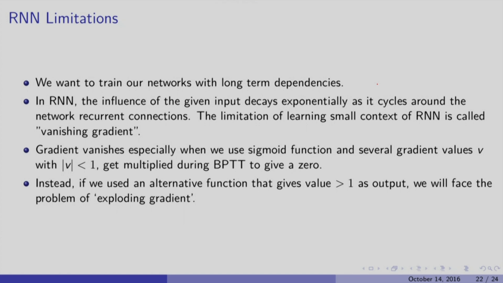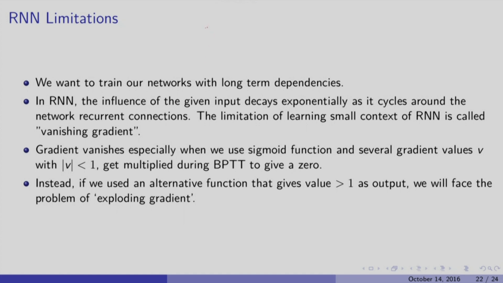So limitation of RNN is that when we train our networks with long term dependencies, the back propagation through time leads to something called the vanishing gradient.